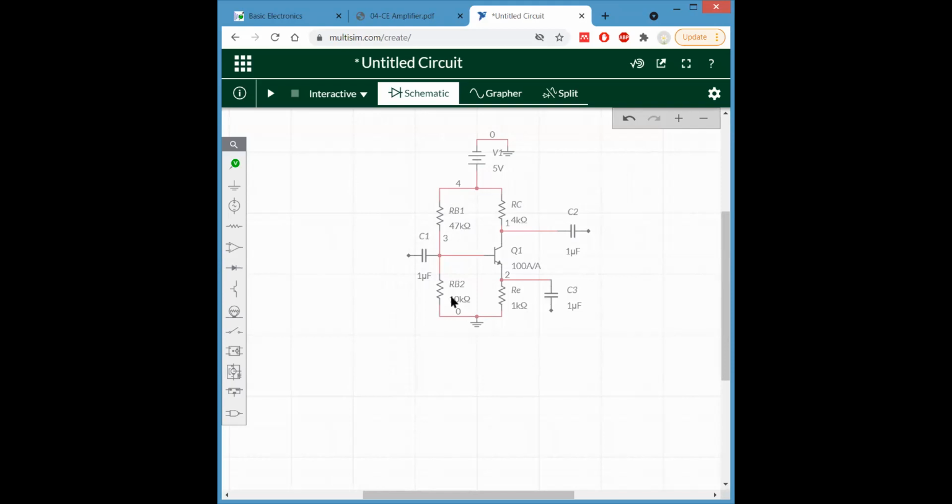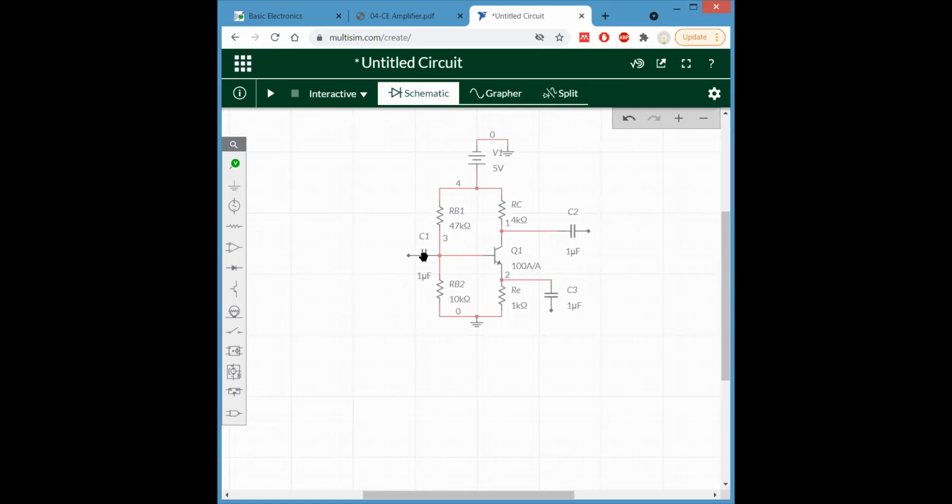This RB1 and RB2, base resistance 1 and base resistance 2, take part in limiting the current to the base, apart from the AC signal part. Okay, sir. Thank you for asking your question.